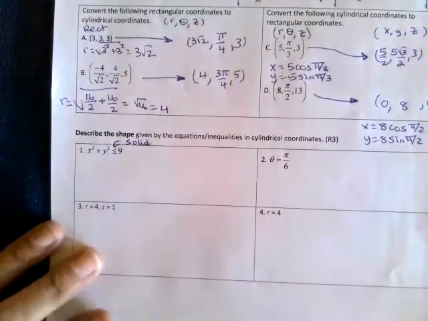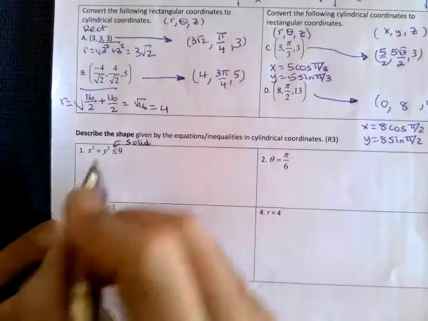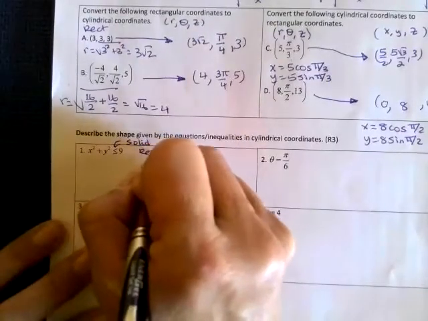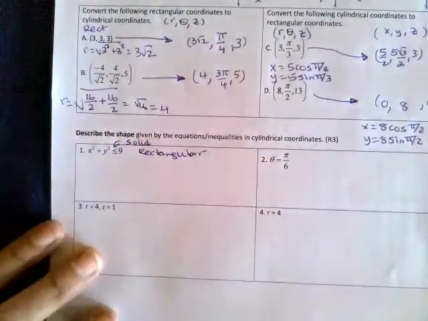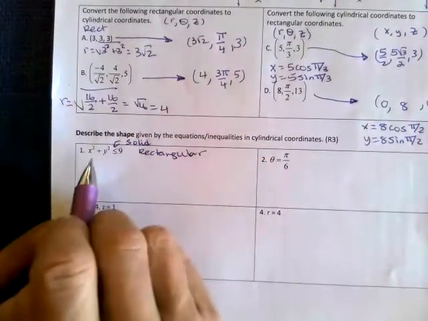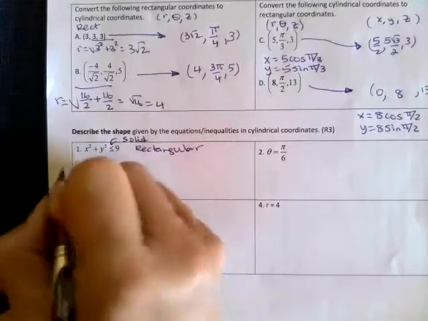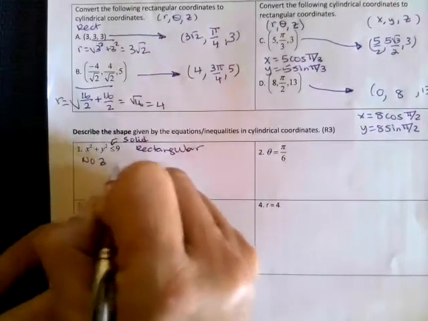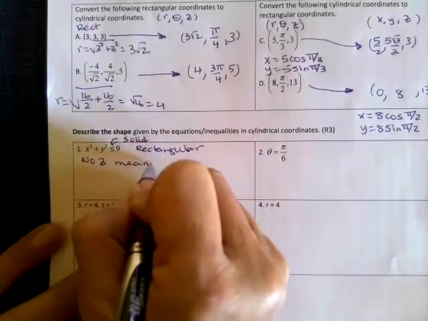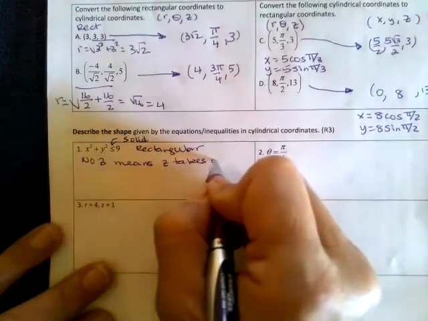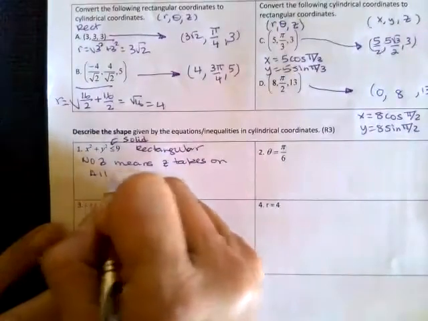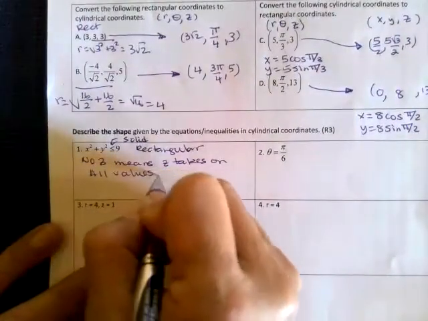And this is given in rectangular, right, because I have x and y. There's no z. That means z takes on all values. So no z, pretend that says a z, means z takes on all values.